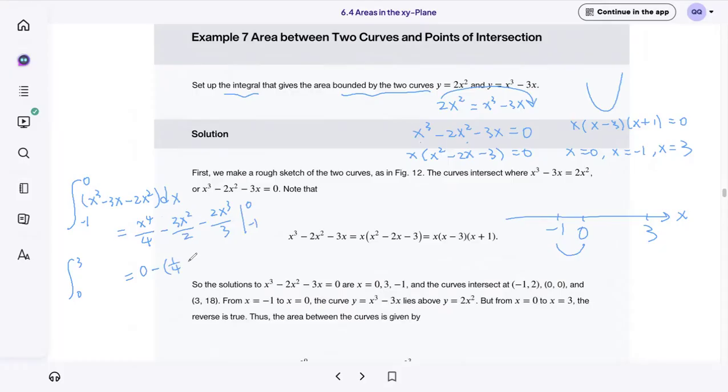At the x squared, we still get positive, so -3/2. At x cubed, -1 raised to 3 is negative, and negative becomes positive, so that's +2/3. So this one becomes -1/4, positive.